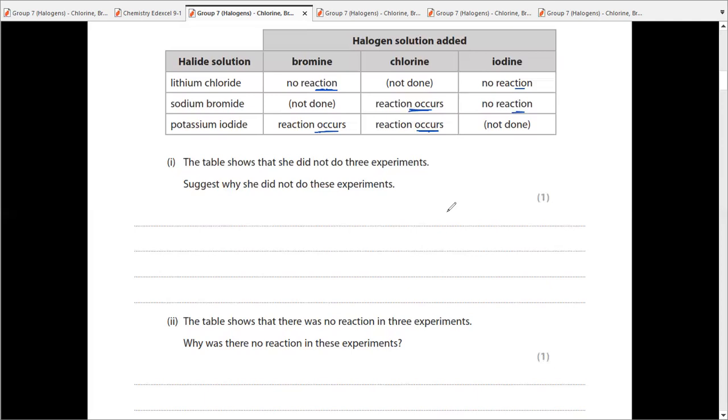Yeah, I got it. Okay, good. So what we do is that we try to take it like this. Chlorine goes for both the reactions because it's the most reactive one. Iodine goes for none of the reactions because it's the least reactive one.